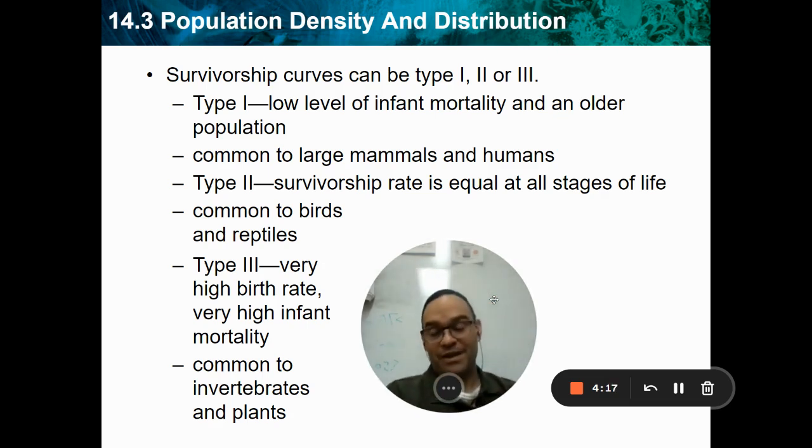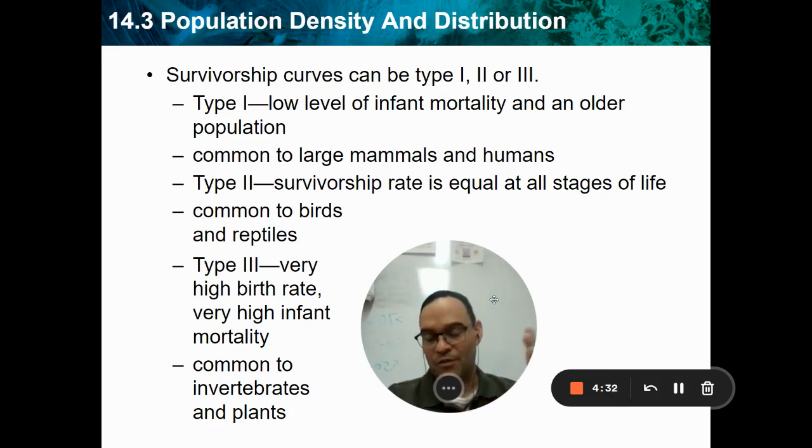Some of you might be thinking, why isn't there one that's high to high? Well, high to high would be dead to dead. If there was that much death surrounding a group of organisms, they would probably just die off anyway. So that really wouldn't work for any organism.